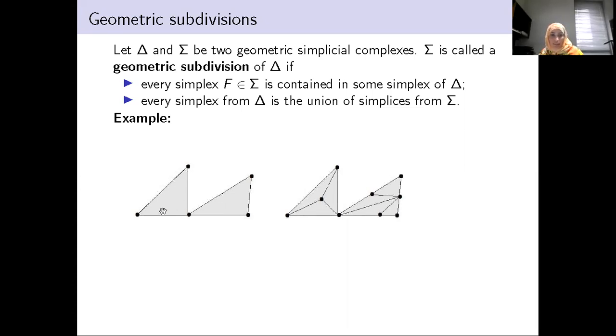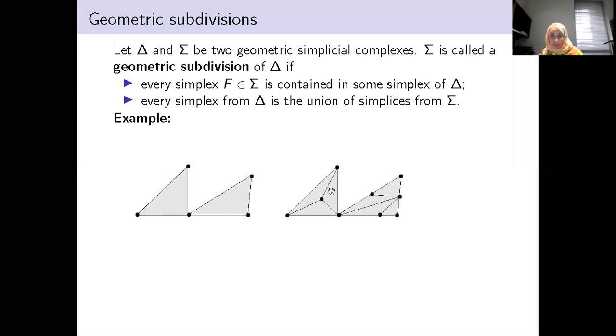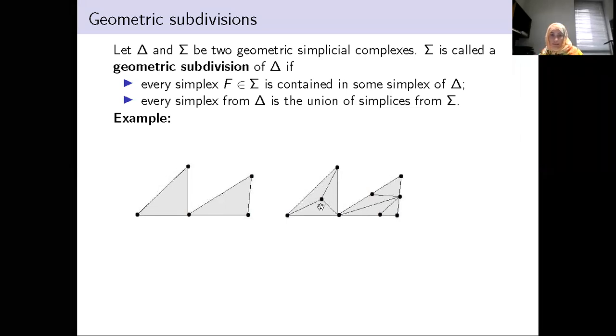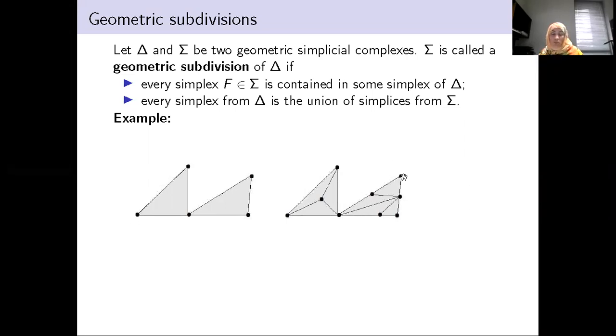And if you consider a simplex here, either a one-dimensional or this two-dimensional one, the two-dimensional one is just the union of these three simplices in the subdivision. This edge is just the union of these two edges in the subdivision, and so on. There are a lot of other kinds of subdivisions, but I'm just talking about this geometric subdivision here.